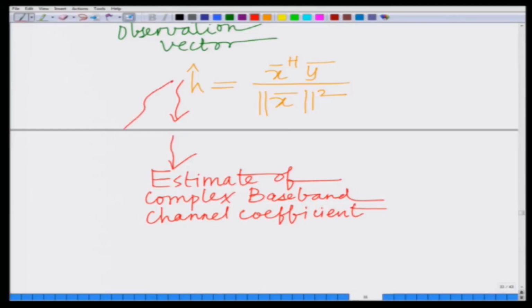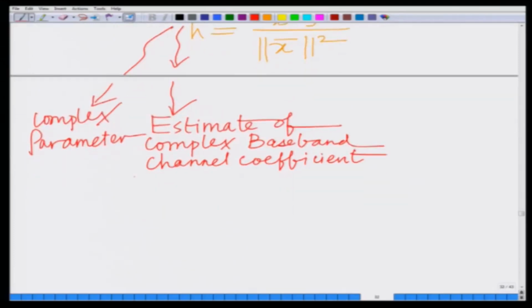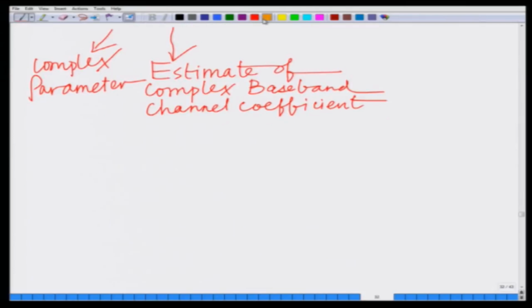This is the estimate of the complex baseband channel coefficient, and naturally this is a complex parameter. Therefore, let us compute the quantities one by one.